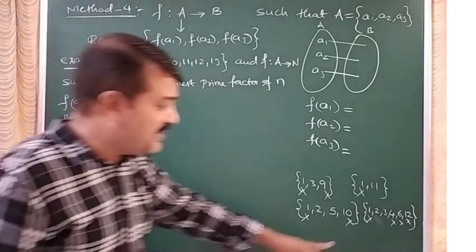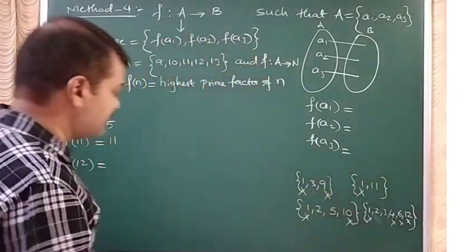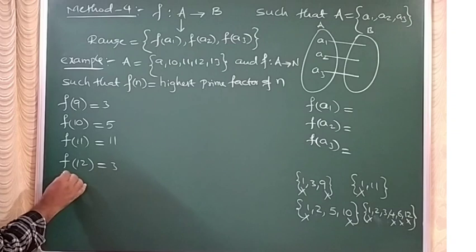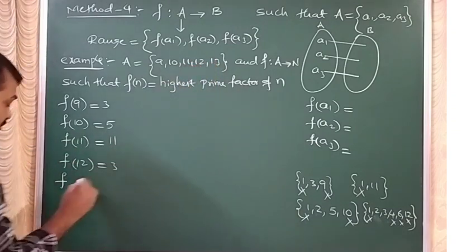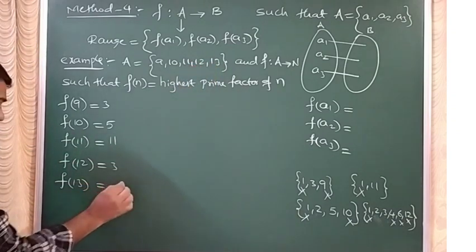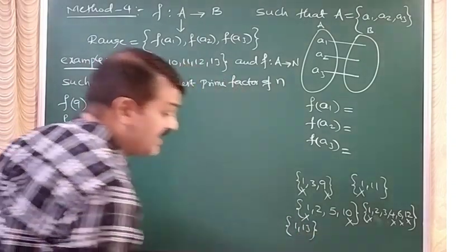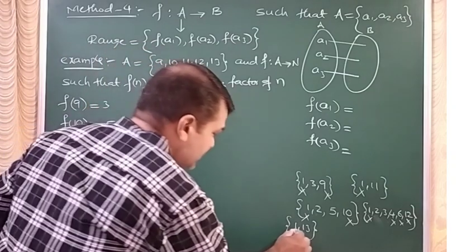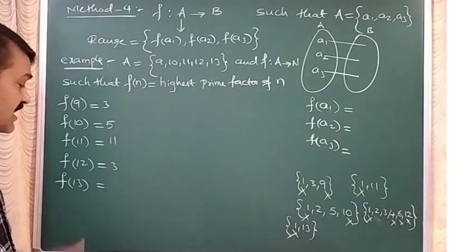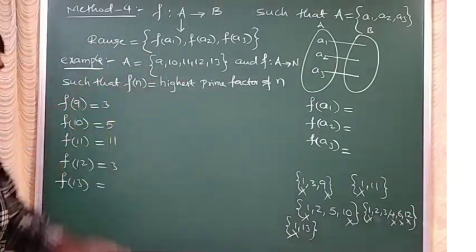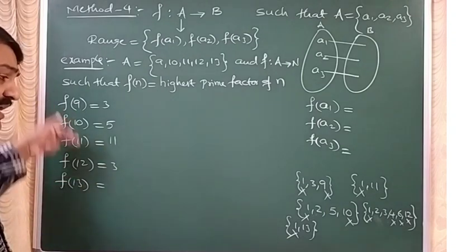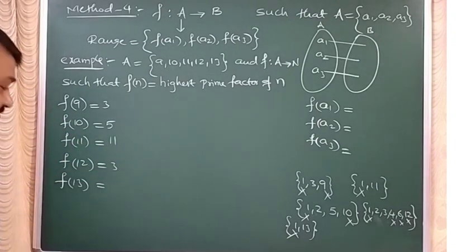Highest prime factor means the highest among these, 3. Image of 13 now. 13 is a prime number, so factors of 13 means 1 and itself. 1 is not a prime number. Highest prime factor means 13 only. For any prime number, the highest prime factor will be itself.